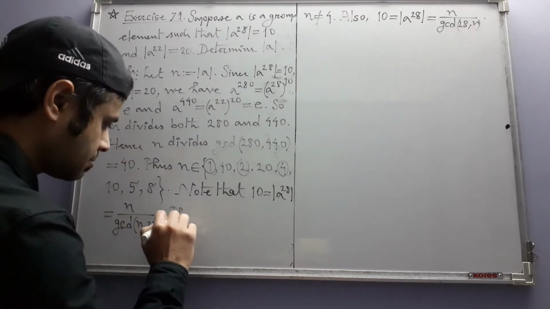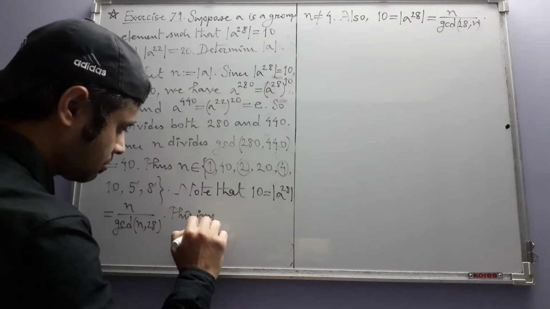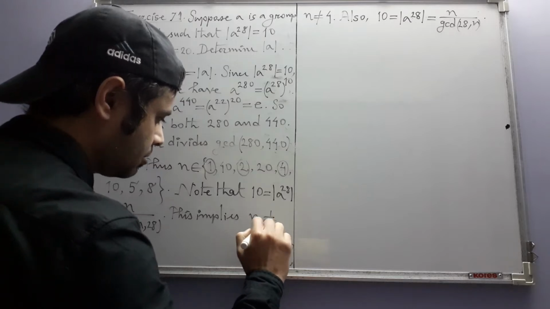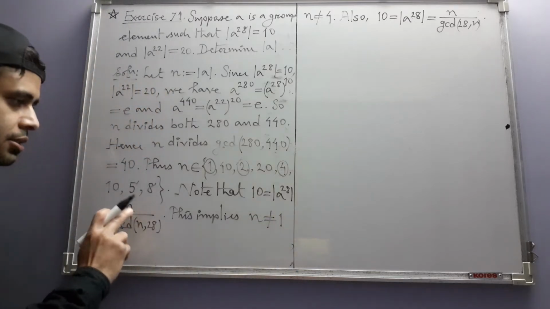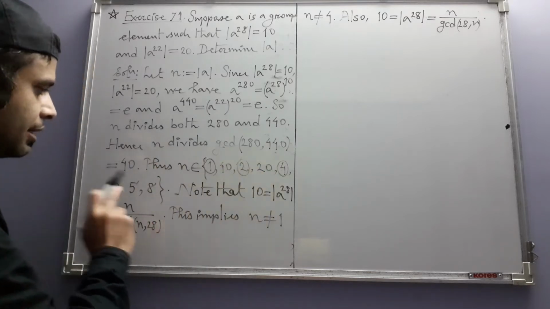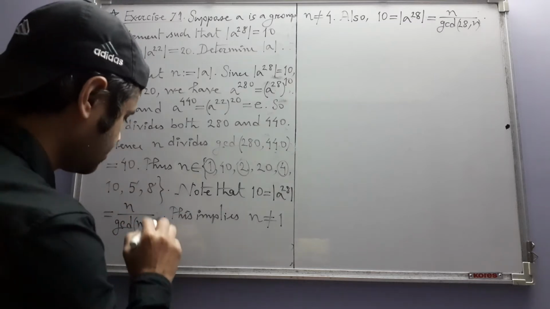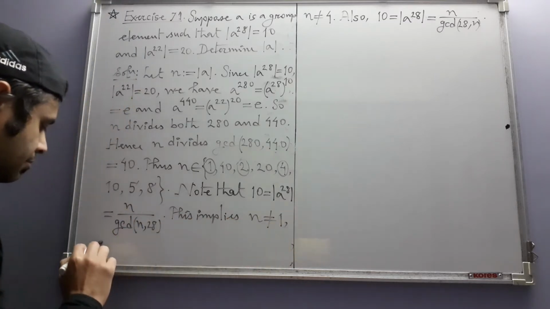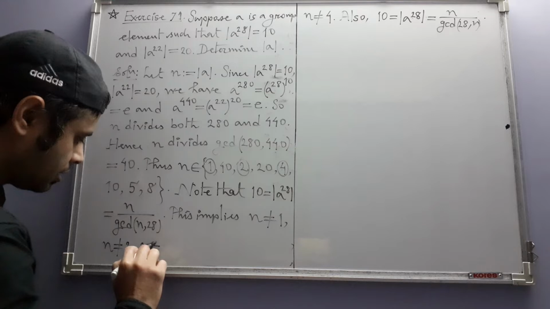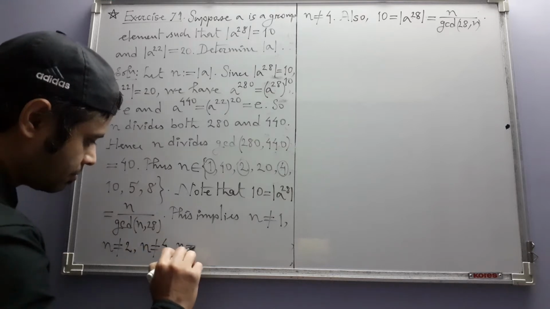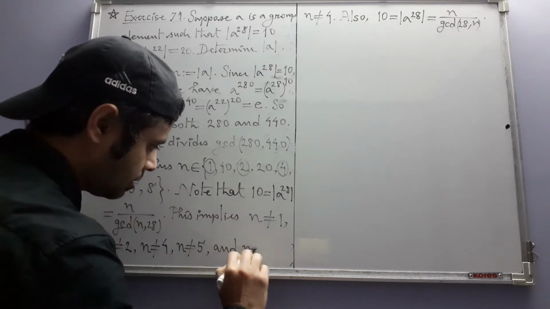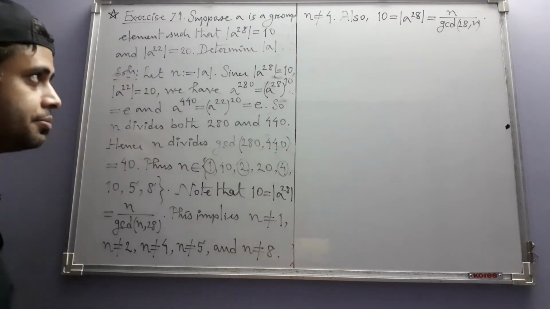This implies that no number smaller than 10 is a possibility here. So 1, 2, 4, 5 and 8, all of them are ruled out at once. N is not equal to 1, N is not equal to 2, N is not equal to 4, N is not equal to 5 and N is not equal to 8.